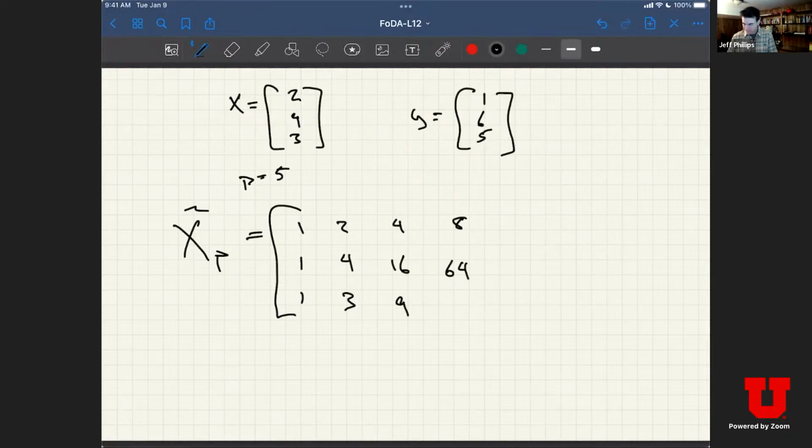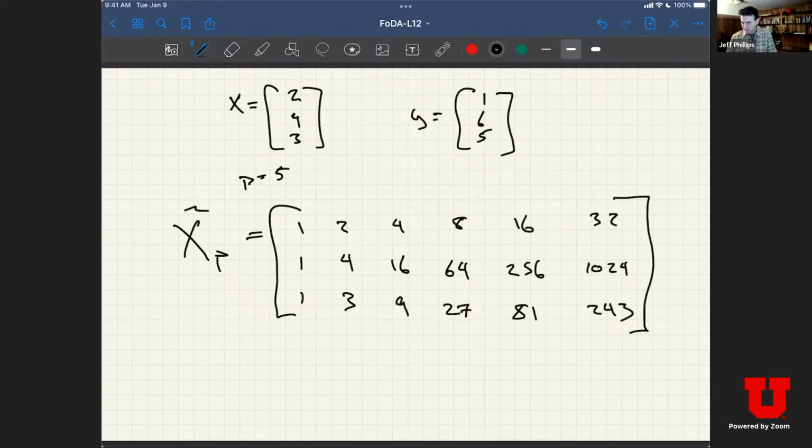The fourth column is it cubed, so that would be 8, 64, 27, then 16, 256, 81, and then 32, 1024, 243. Right? So this is now an element of R^(3 by 6).